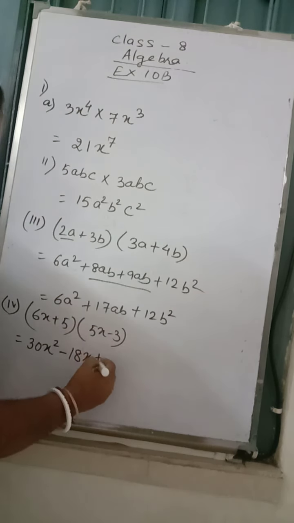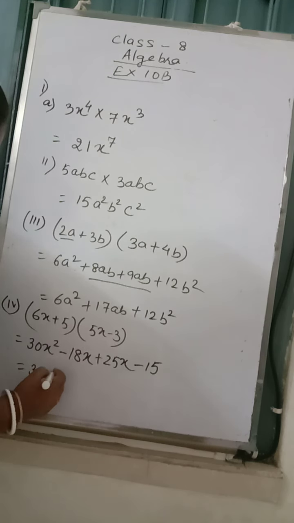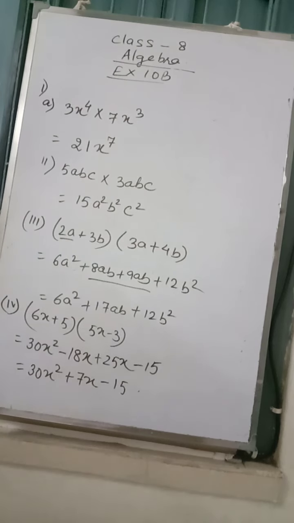Now plus 5 multiplied with minus 3: minus plus minus, minus. 5 threes are 15. Now minus 18x and plus 25x are like terms. So the answer would be 30x square plus 7x minus 15. Do not skip the sign. Signs should be properly given, then only your answers will be okay. Otherwise you will have a problem.